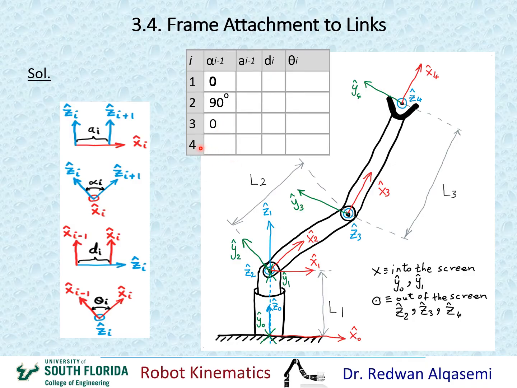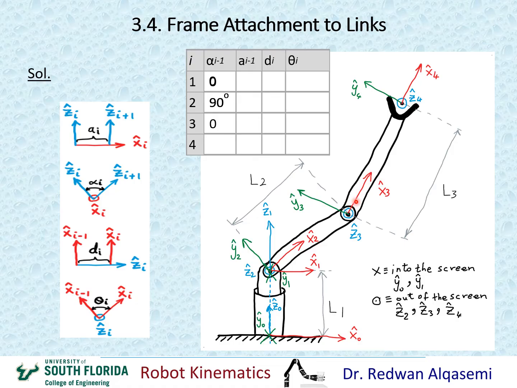And then we look at when i equals 4, looking at alpha i-1, that means alpha 3. So I'll be looking at z3 and z4 about x3. z3 is here out of the screen, and z4 is here out of the screen, and I'm looking at the angle between them about x3, which is right here.